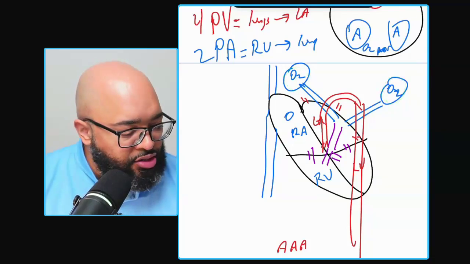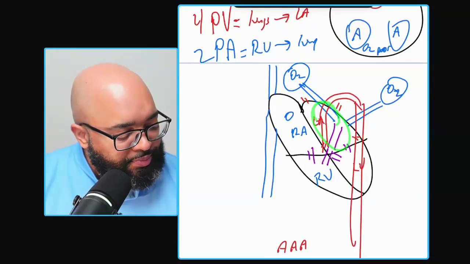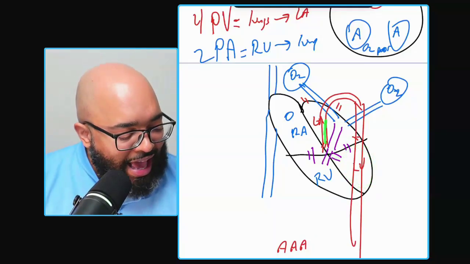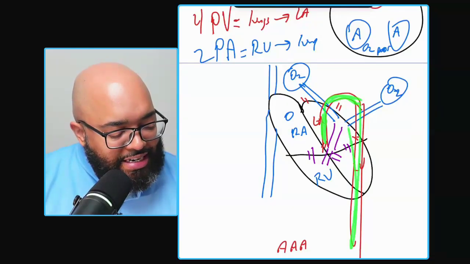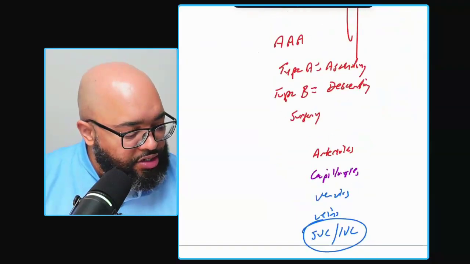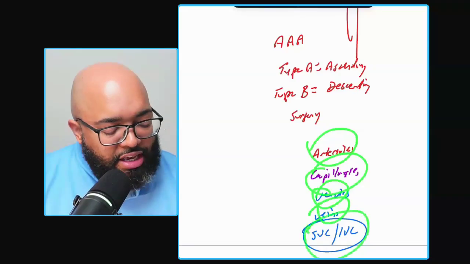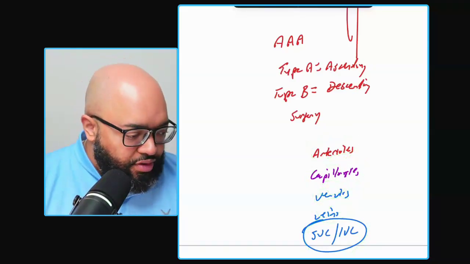From the lungs, blood travels through the 4 pulmonary veins, into the left atrium, through the bicuspid valve, into the left ventricle, through the aortic valve, into the ascending limb of the aorta, the aortic arch, and the descending limb. From the aorta, it goes into arteries, then capillaries, venules, veins, back to the superior and inferior vena cava. And then it just keeps doing this over and over.